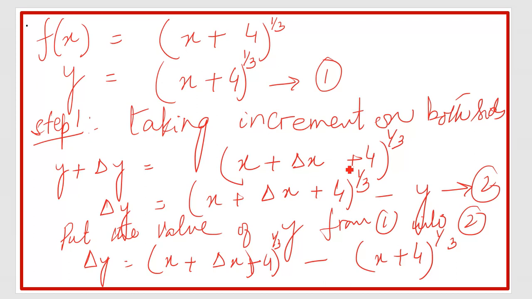Right, this is our step number 1, and I will erase this so you can see properly. This is delta x and this is positive, right? Okay, now we are going to solve this. It would be our step number 2, and here we have delta y, right? I will just rearrange it. What is the meaning of this rearrangement?